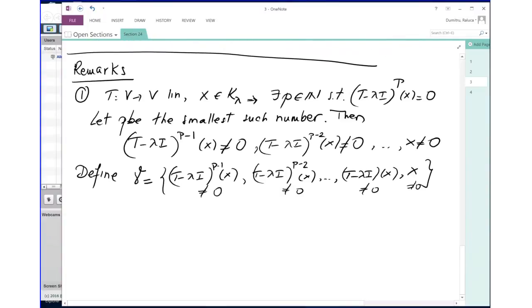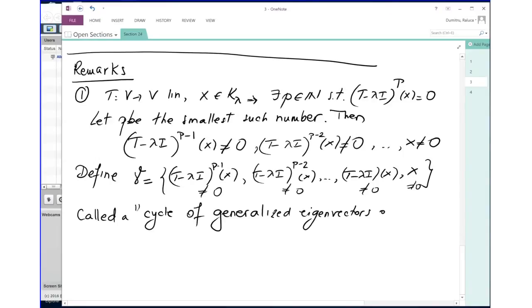It is called a cycle of generalized eigenvectors corresponding to lambda. They are all corresponding to the same eigenvalue, lambda.